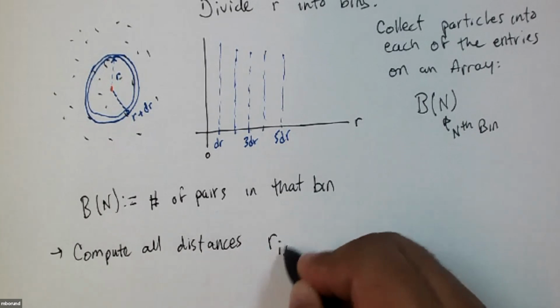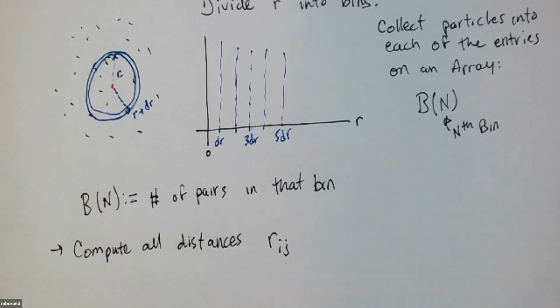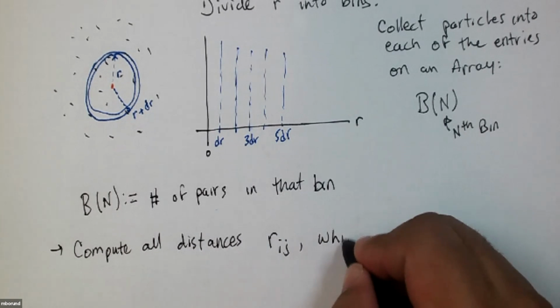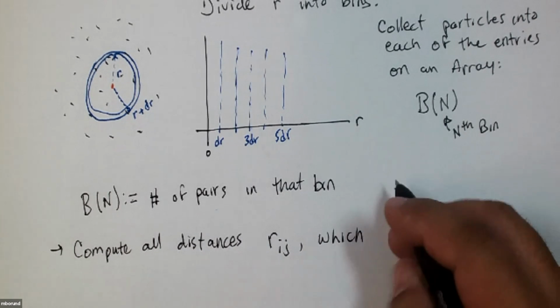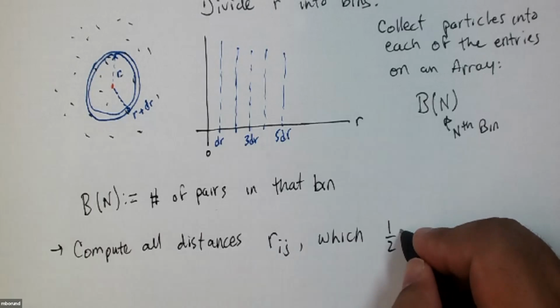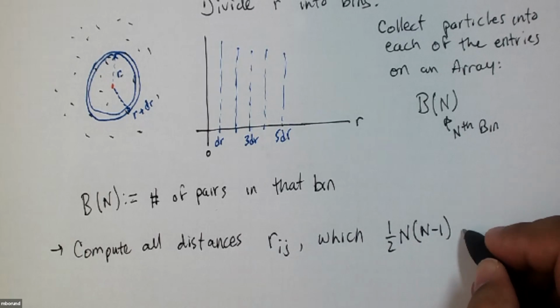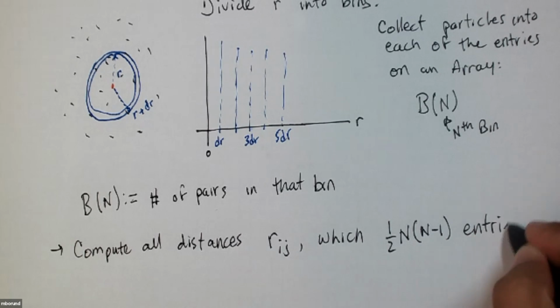You calculate this r_ij. This set is going to be something like 1/2 n(n minus 1) entries. So if you have 10 particles, right? How many pairs do you have? It's 10 times 9 divided by 2.